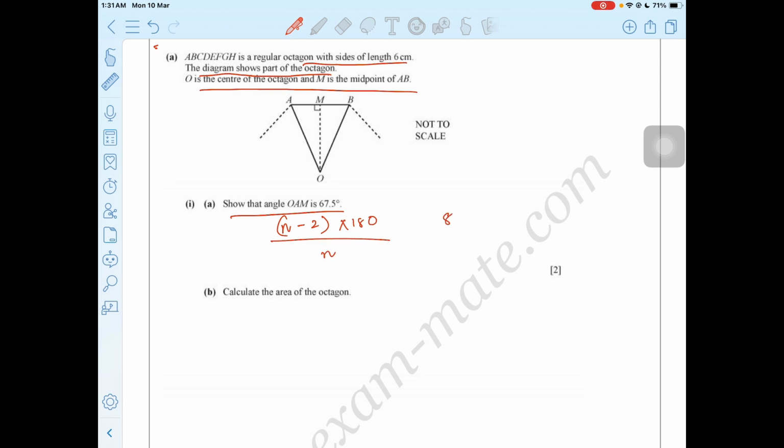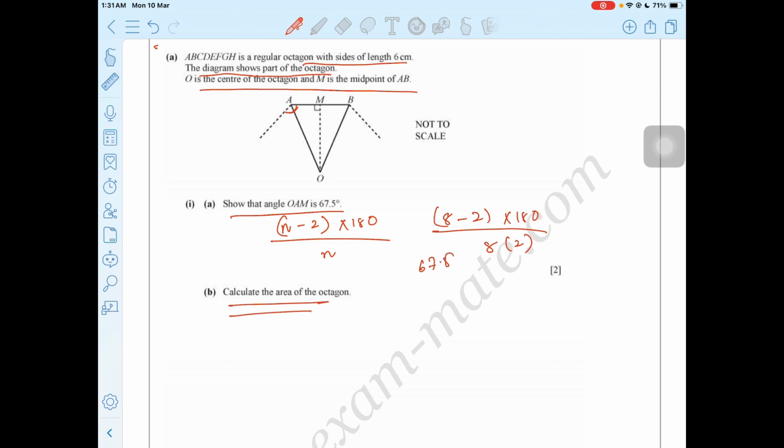So we have our n as 8, and then 8 minus 2 multiplied by 180, and then 8, because it's half of the interior angle, so we divide it by 2 again. Okay, so this would be 67.5, I guess. 6 multiplied by 180, and then we divide it by 16. Yeah, this is 67.5.